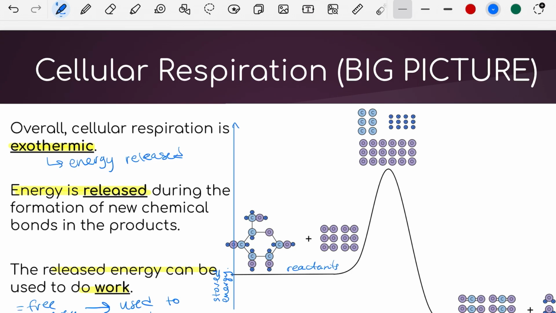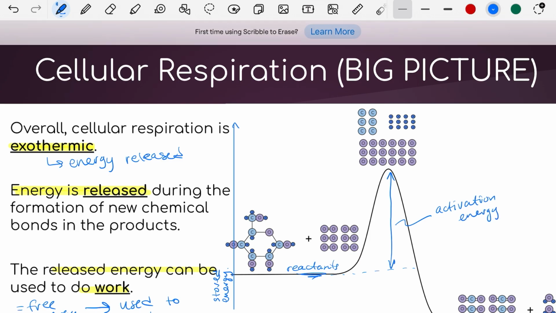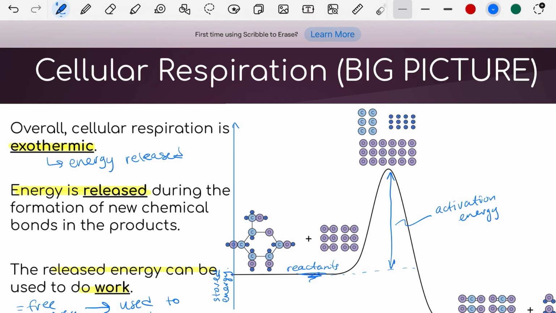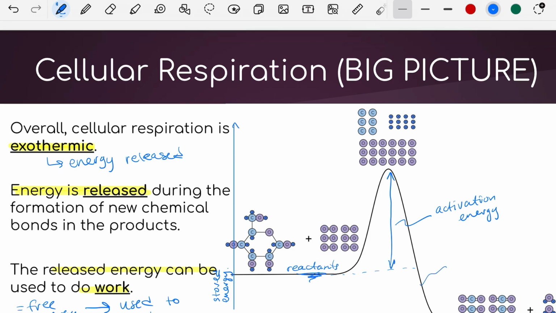And along this way here is the reaction progress, right? Showing that we went from reactants to products. And also you can see the amount of energy here is the activation energy. And since the products have less energy than the reactants, they must have released that energy as free energy.